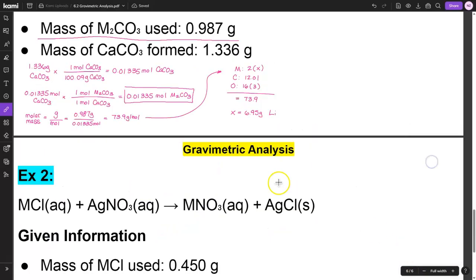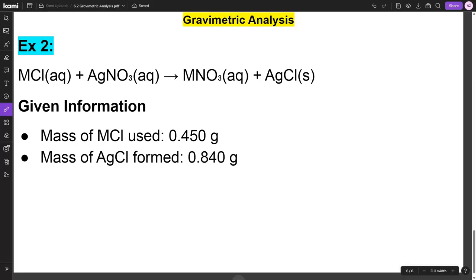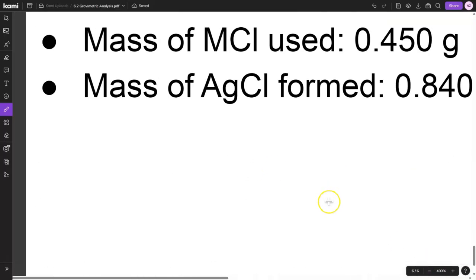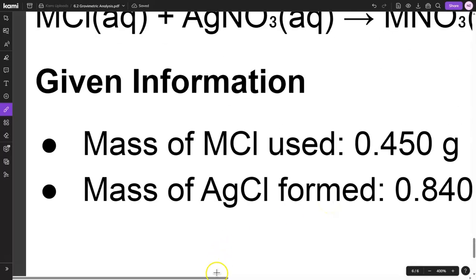Okay, so that's our first example. Let's do one more here. So this one is not a 1-to-1 ratio. Or is it a 1-to-1 ratio? It is a 1-to-1 ratio. Oh, I lied. Both of our examples are going to be a 1-to-1 ratio. All right, well, that's okay. First step, we're given our mass of silver chloride, 0.840.